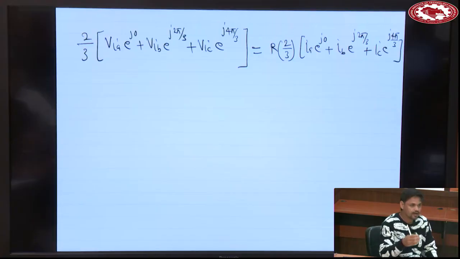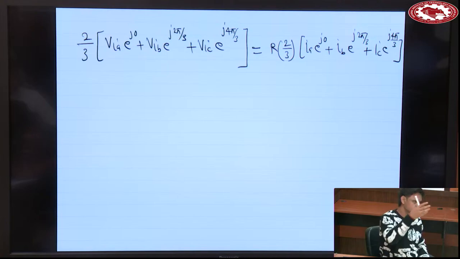(j4π/3). I know most of the master students or PhD students over here will know this; I am deriving this expression for BTech students because they are very new to this.